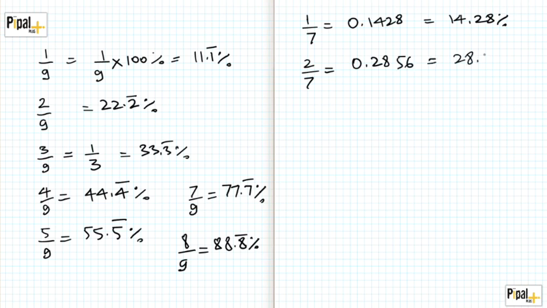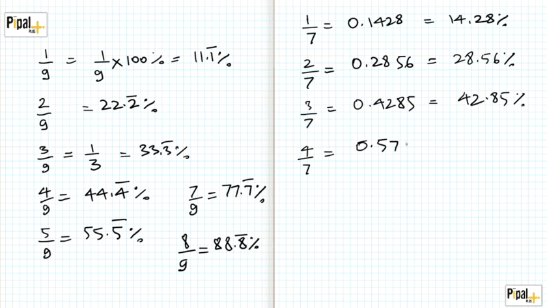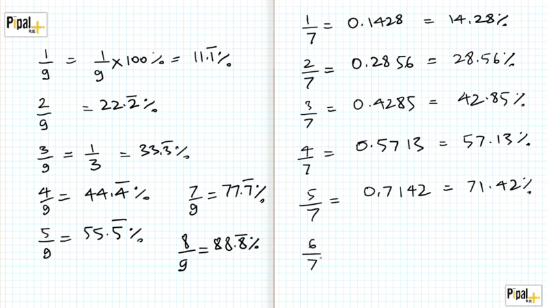So this becomes 28.56%. 3 by 7 is 0.4285, which becomes 42.85%. 4 by 7 equals 0.5713, right, which gives us 57.13%. 5 by 7 gives us 0.7142, which is equal to 71.42%. 6 by 7 is 0.8571, which gives us 85.71%, right?